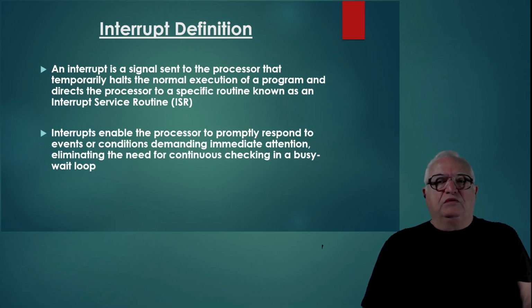Interrupts enable the processor to promptly respond to an event or condition demanding immediate attention, eliminating the need for continuous checking in a busy wait loop. So let's go to the data sheet and see what we can find there.